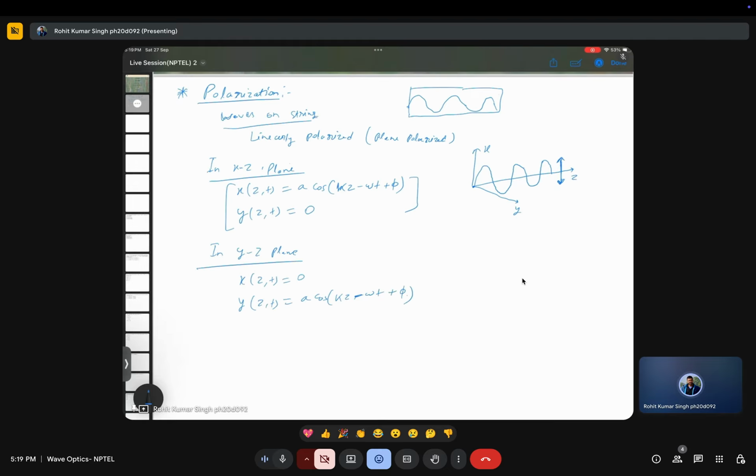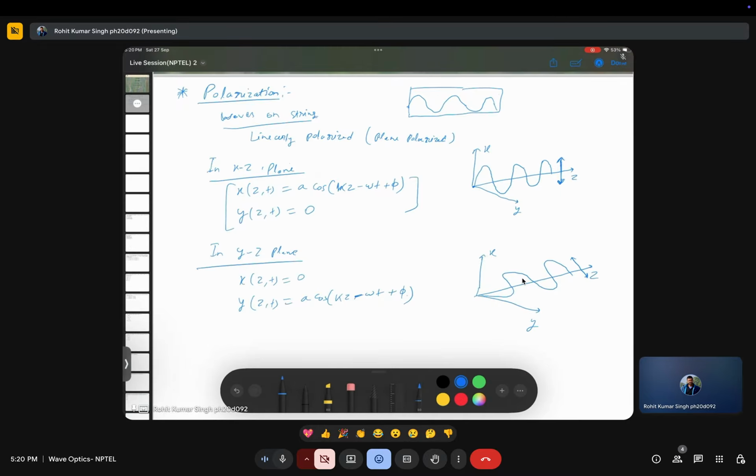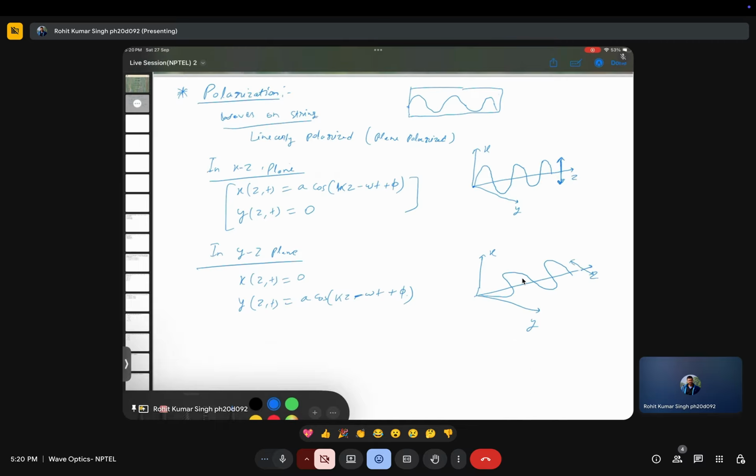We can draw this: this is x, this is y, this is z. Now the wave is confined to the yz plane, so it is oscillating in the y direction, like this. I'm bad at drawing, but you got the idea, right?